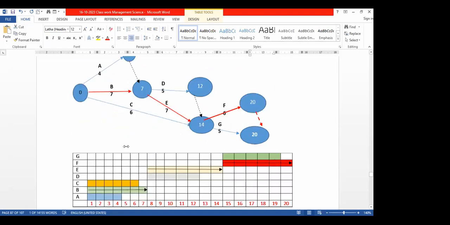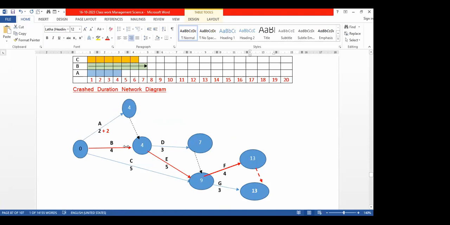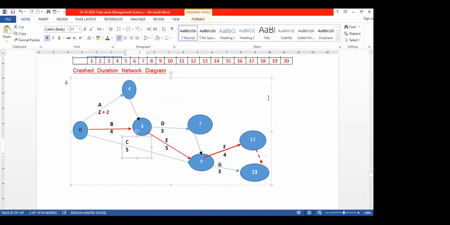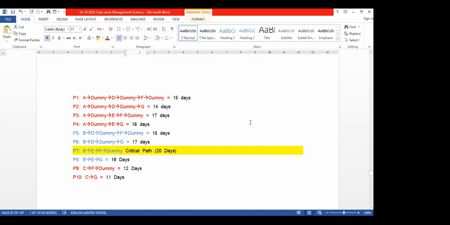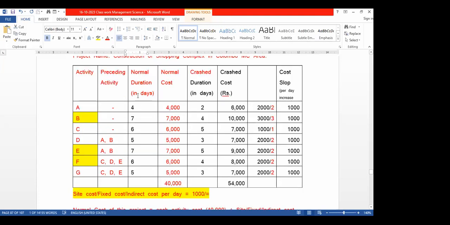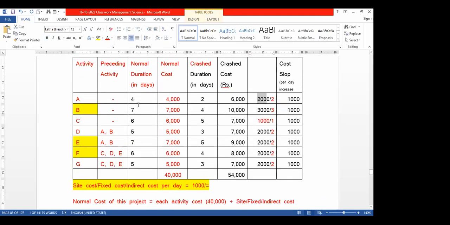If you add 1 day, how many days we have reduced here, this additional 2,000, no need in it. Because you see that crash duration is 13. That's not going to change, even if you add that one.